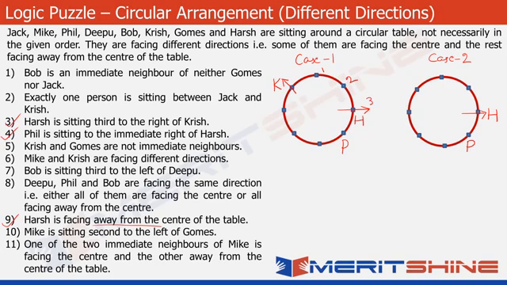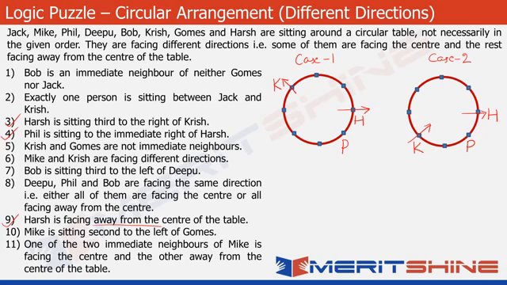Let's put the other possibility in case 2. This would be the position of Krish and he would be facing inside, towards the center. Now look at the position of Harsh, 1, 2 and 3. So it is fine. Harsh is the third person to the right of Krish in both the cases.